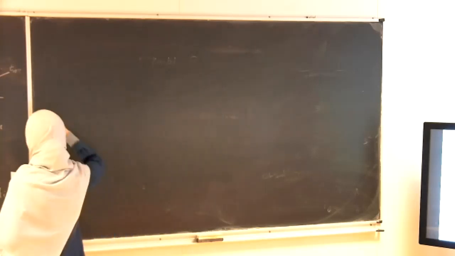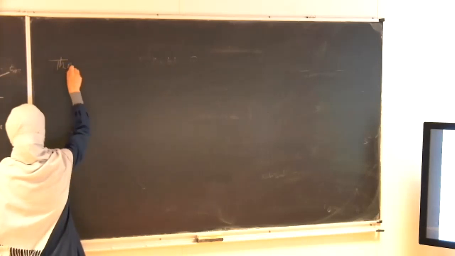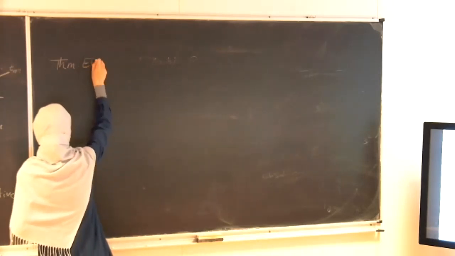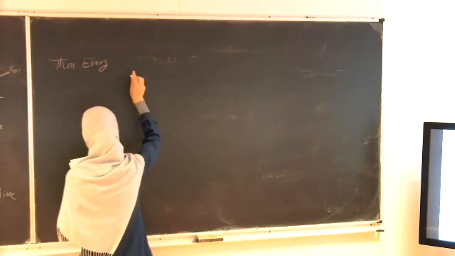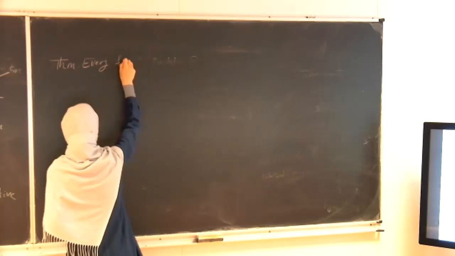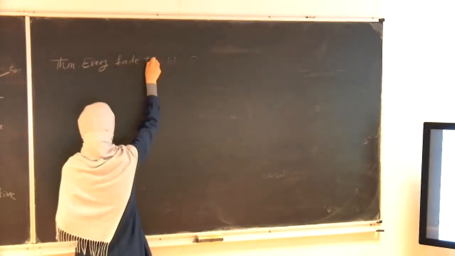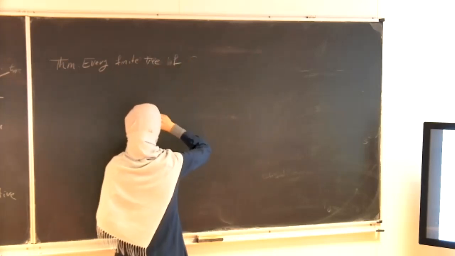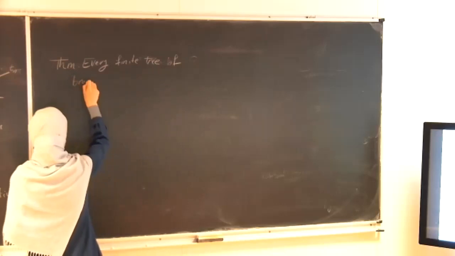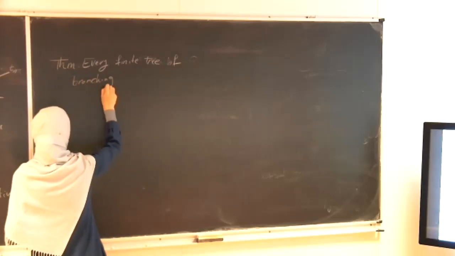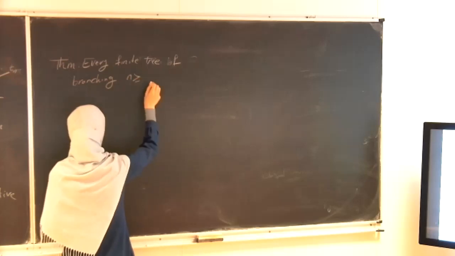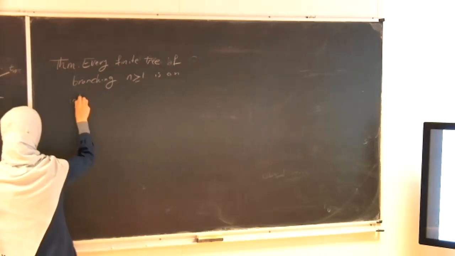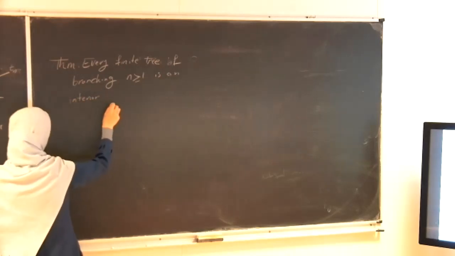Now, by this theorem, I can show that every finite tree of branching n is an interior image of I.